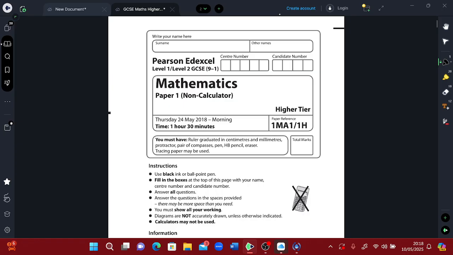But obviously, on the run up to the exam this week on Thursday, I believe, we just do paper ones to test your non-calculator skills. But yeah, overall, I won't say it's a bad paper.